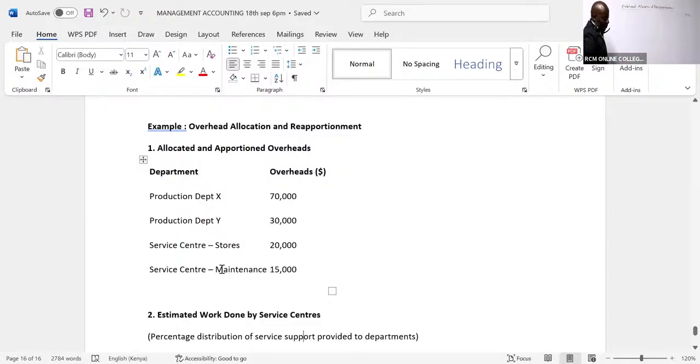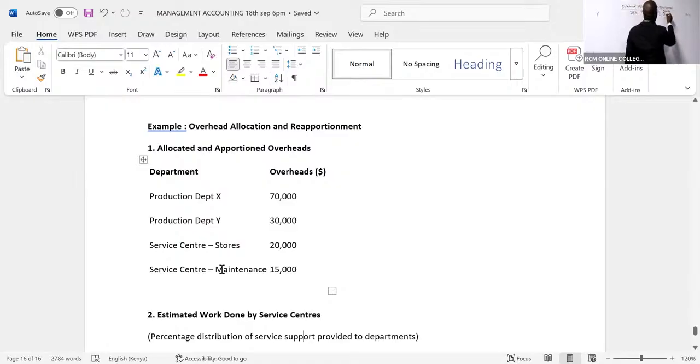So we have departments, of which we have production department X, production department Y, and then we have service centers, or stores, right here.